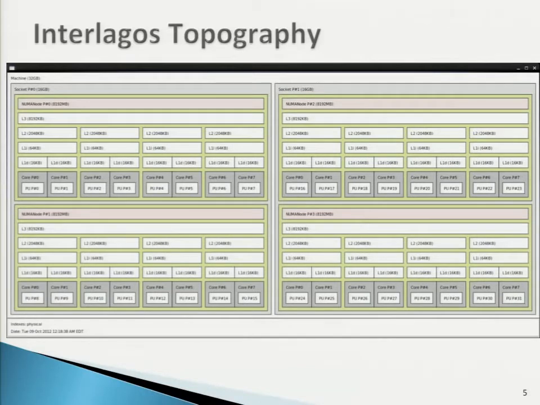The main difference with Sandy Bridge is that each socket has 2 NUMA domains on it. So we have a total of 16 cores per socket, 8 cores associated with this NUMA domain here, which has 8 gigabytes of RAM, and 8 gigabytes of RAM on this one, and likewise here.